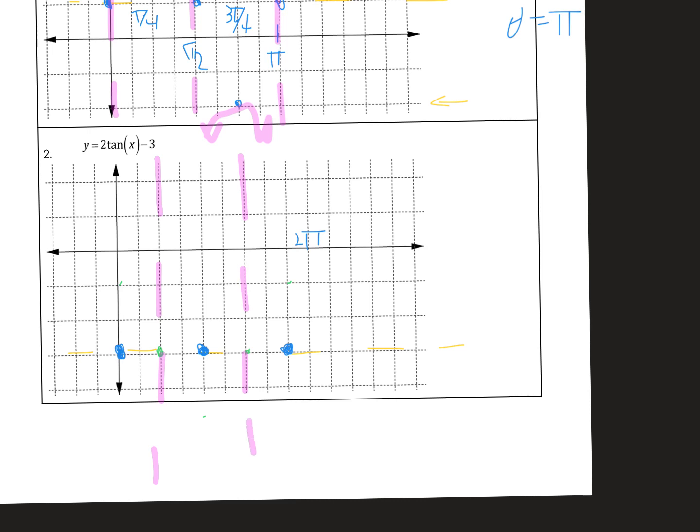Alright, and then we just need to finish. So we've got 2 tickets now. Right here, the sine and the cosine are the same. Right here, the sine and cosine are opposite and the same. So that's our tangent curve right there.